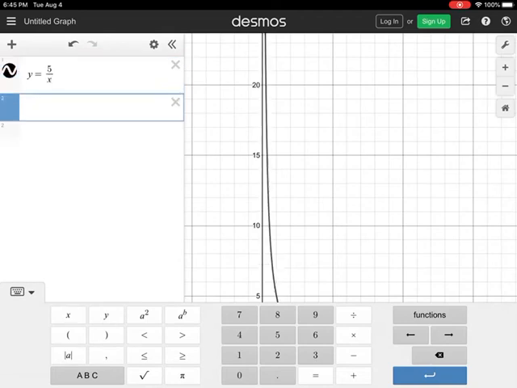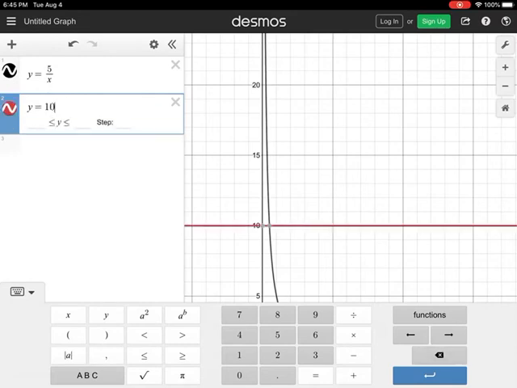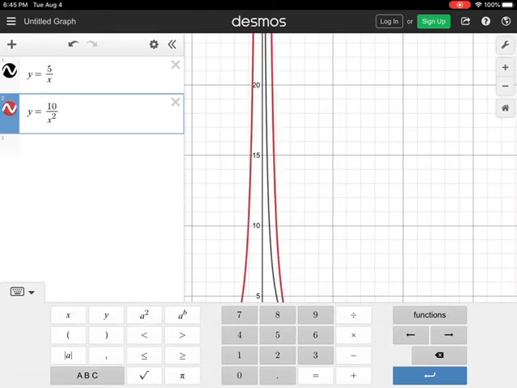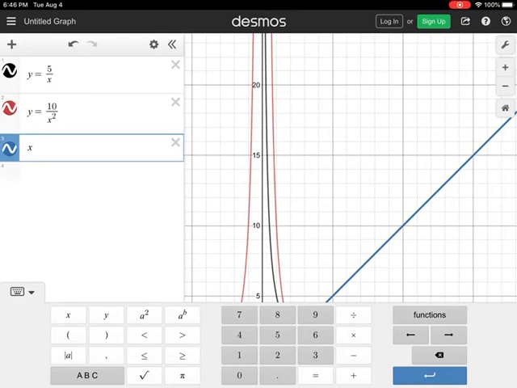And the other equation is y equals 10 divided by x squared. And the third equation is just x equals 6. So that's going to be a vertical line.